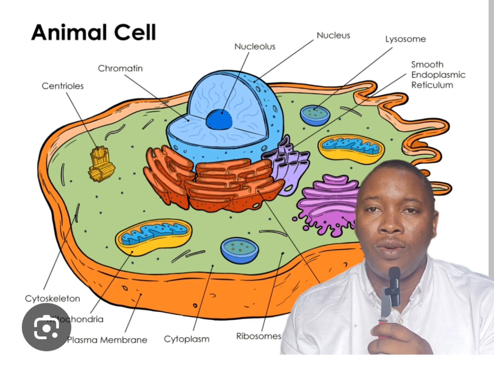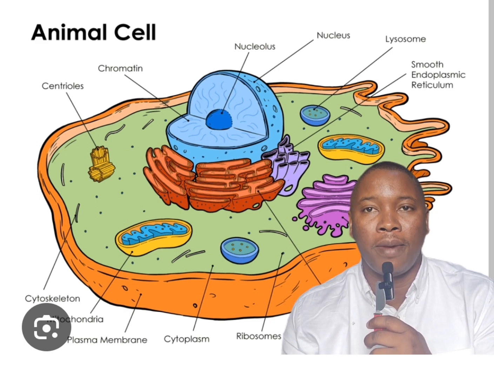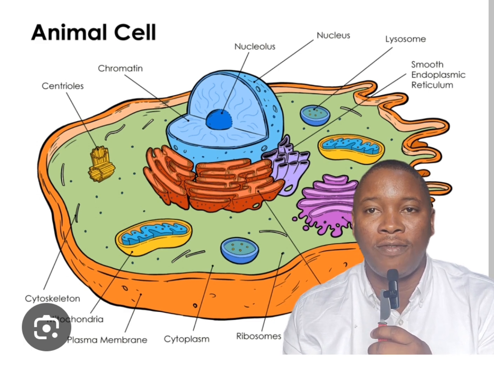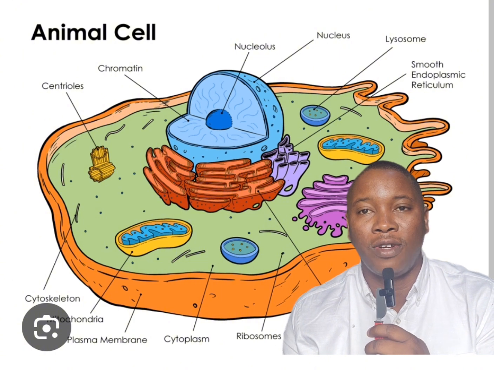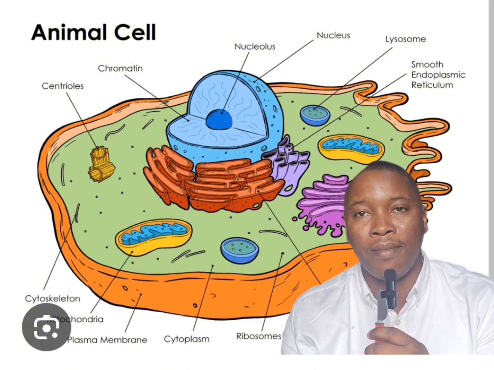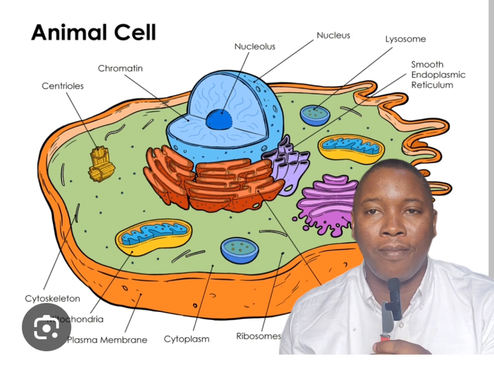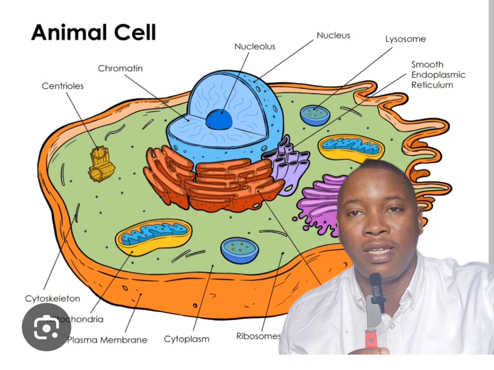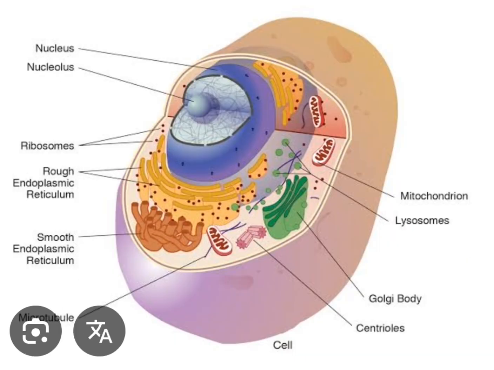We also need to think about differentiation. Different cells are differentiated for different functions within the human body, the plants, and the animals. So their plasma membranes will also look slightly different depending on the kind of differentiation that they have.